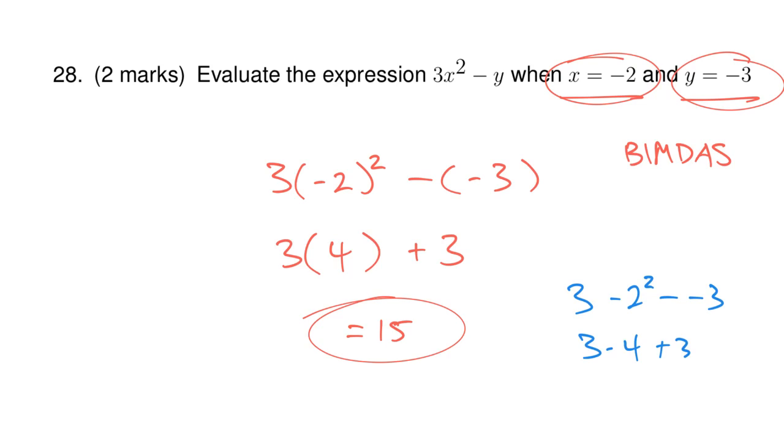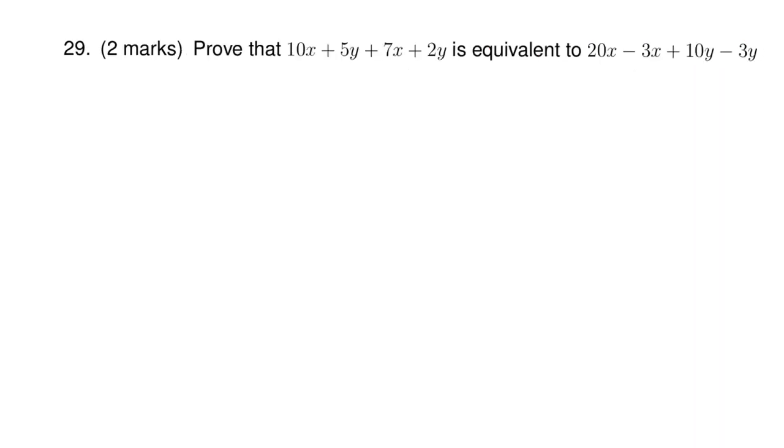And then they start to panic and get confused, and say, well, 3 minus 4 is -1, plus 3 gives me 2, which is not correct. So the brackets just help you realize that we're multiplying here, and I'm also multiplying a -2. Be careful.